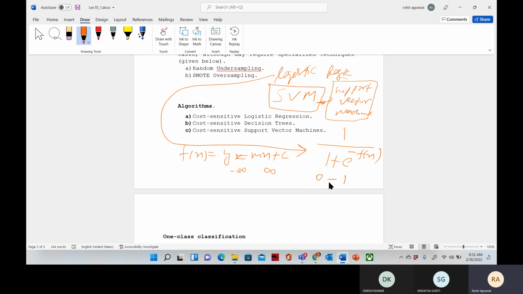So we can set some threshold, maybe 0.5. If it is greater than 0.5, then you can say it is class 1, otherwise 0. Or you can say class 1, class 2. So logistic is just an extension of linear regression, because the name itself has regression, and logistic means this. So we will discuss support vector machine, and if you want, I will give you questions related to logistic regression as well.